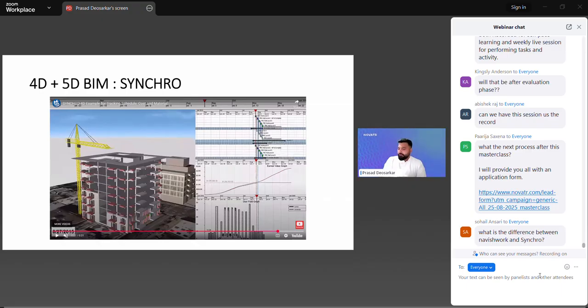We have another platform called Fuzor, which is even more beautiful than Synchro. But again, the more aesthetics of the video we bother about, the more time it takes to create such simulations. Navisworks is a great platform to create normal simulations like the one I just showed you before. Synchro is another platform that you can use to link your BIM model with the schedule, show bar charts and Gantt charts together, and export this whole thing as a video.